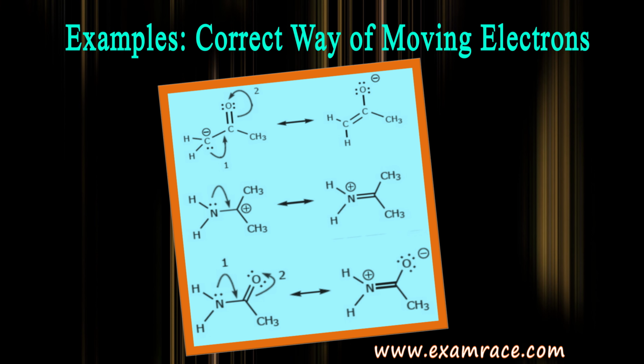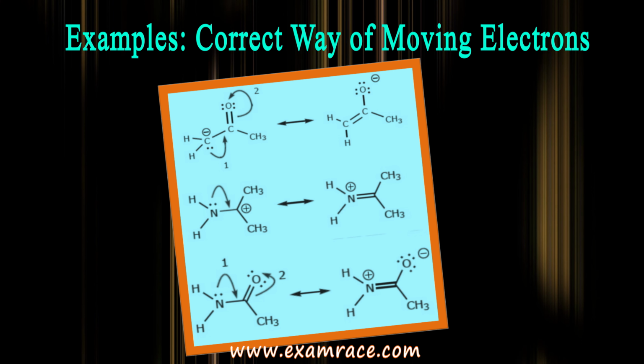So in the first structure you can see that there is a carbon bonded with two hydrogens and one carbon, and it also has a lone pair and a negative charge. Lone pair means it will have a negative charge on it, all right? So now you have to move the lone pair to the adjacent carbon. Why? Because you can't move the lone pair from oxygen.